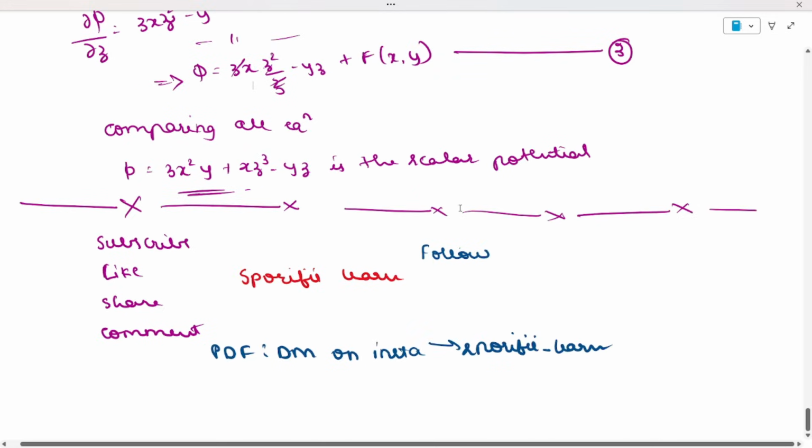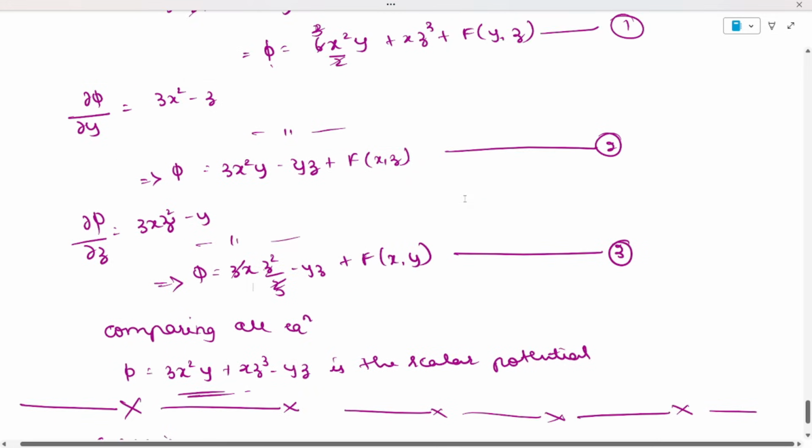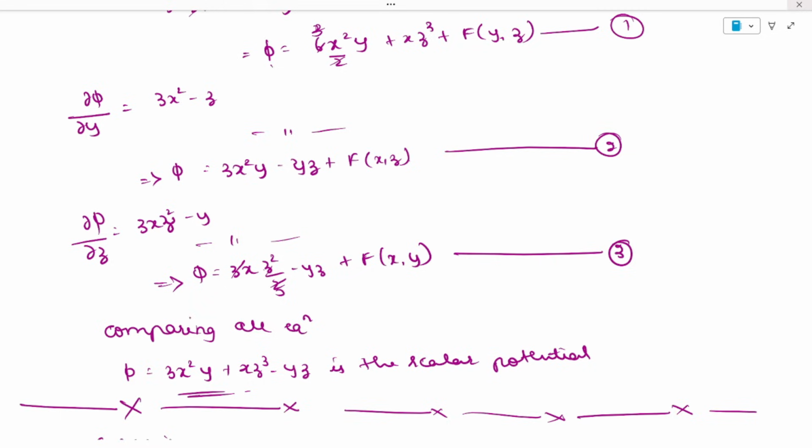Now you have to compare those 3 equations. See, you will consider 1, 2 and 3. The common terms are: 3x square y, plus x z cube, and minus yz. Here also you can see minus yz, and here 3x square y plus x z cube. 3x square y is done, x z square is done.